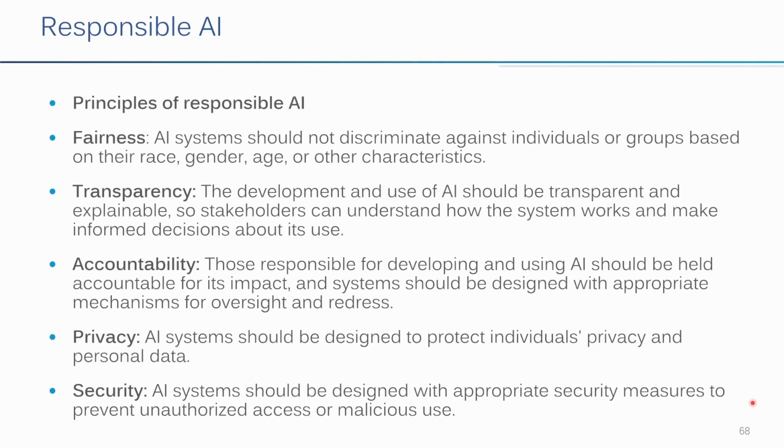So, and then we probably should cover some of the principles of responsible AI. When we talk about that, we're meaning fairness. So AI systems should not discriminate against individuals or groups based on their race, gender, or other characteristics.